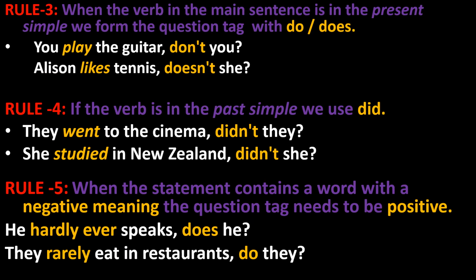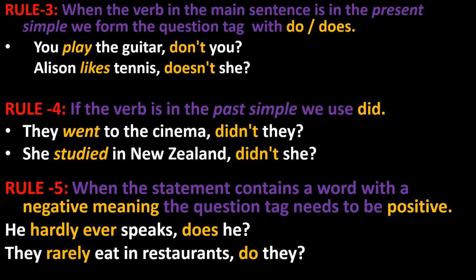Rule 3. When the verb in the main sentence is in the present simple, we form the question tag with do, does. Look at the following example. You play the guitar. It's a positive statement. You can identify the verb play. It's in the simple present tense.